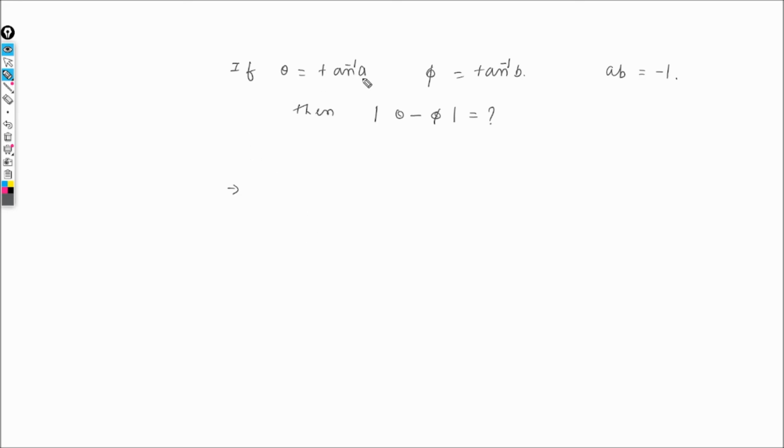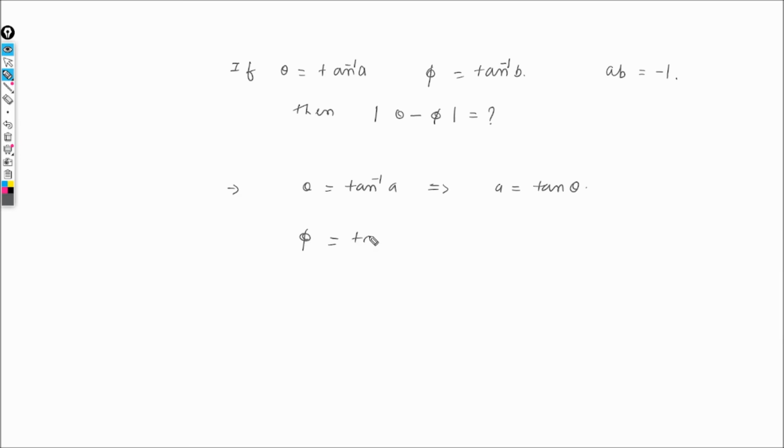If theta is equal to tan inverse of A, phi is equal to tan inverse of B, and AB is equal to minus 1, then we have to find the mod of theta minus phi. Now see here, theta is equal to tan inverse of A. This implies A is equal to tan theta.